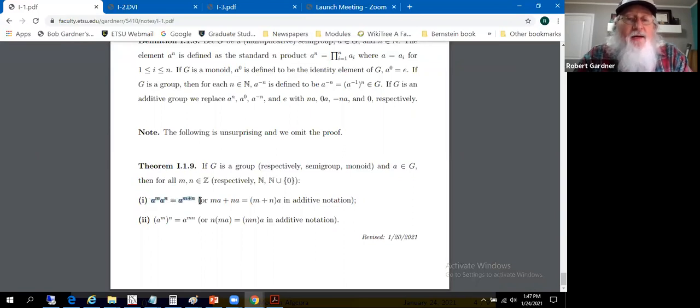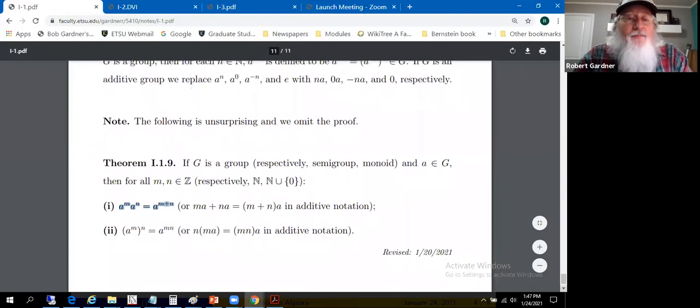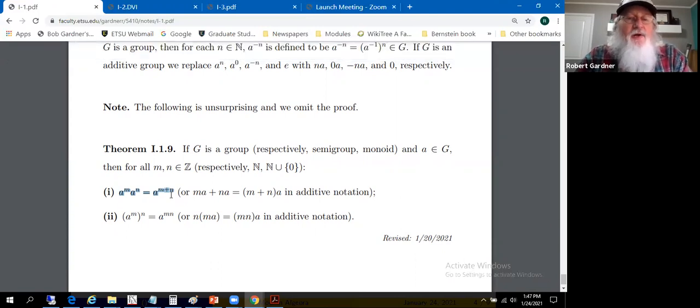Here we've got m and n as integers, and A is an element of a group. So this is the same setting that we have in our current conversation. And we're saying a to the m times a to the n equals a to the m plus n. This follows just from what we notationally mean by having exponents on group elements in a multiplicative group in this case. And this is exactly what we were looking at.